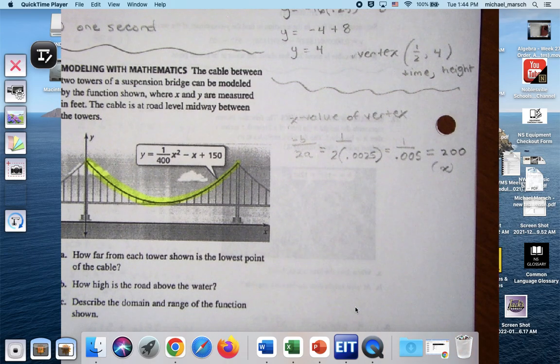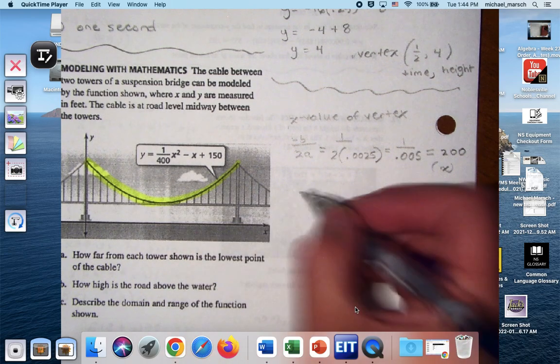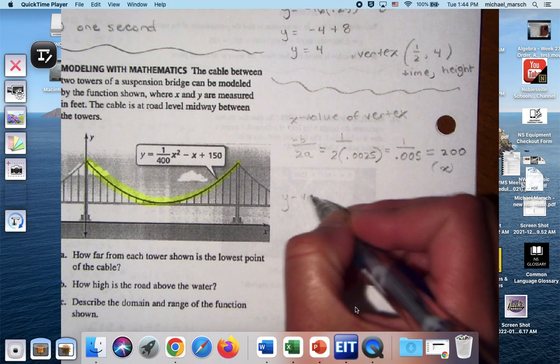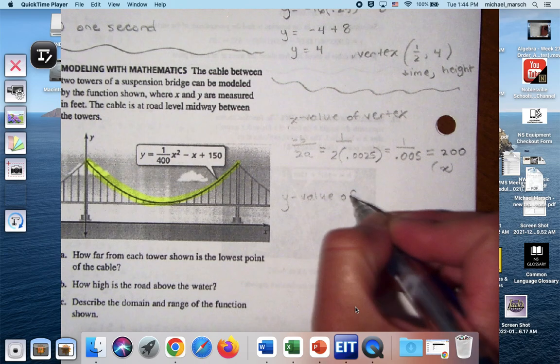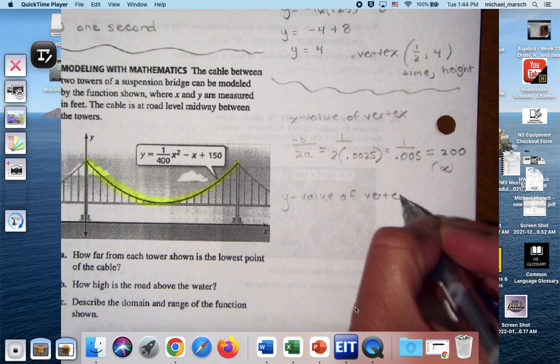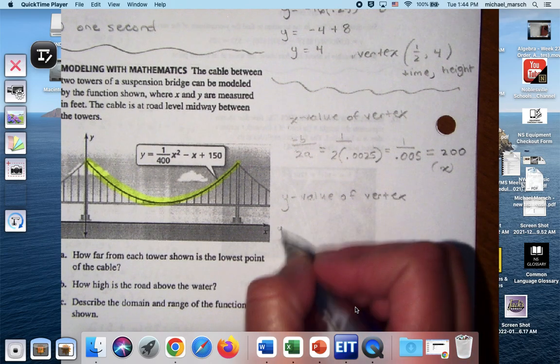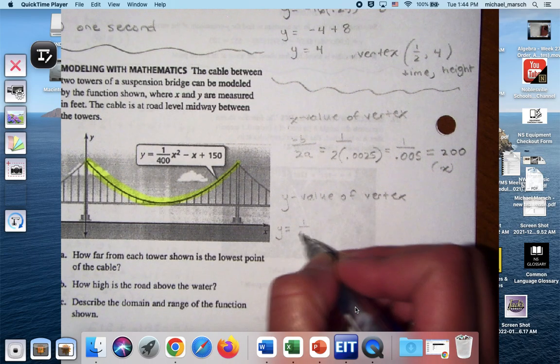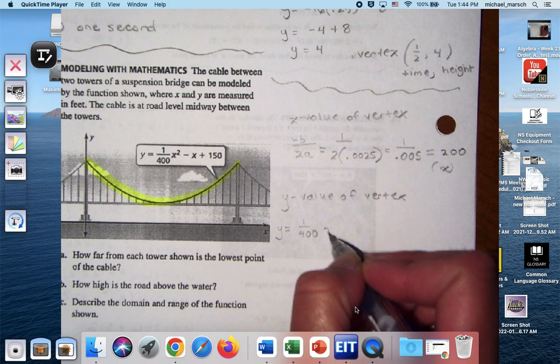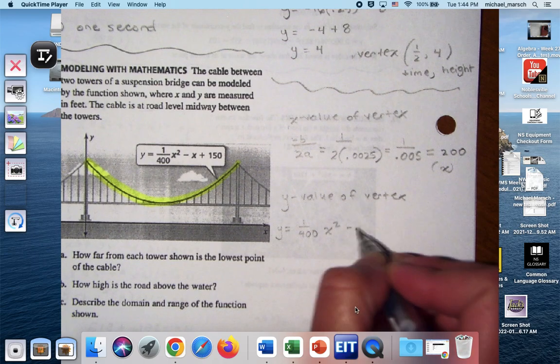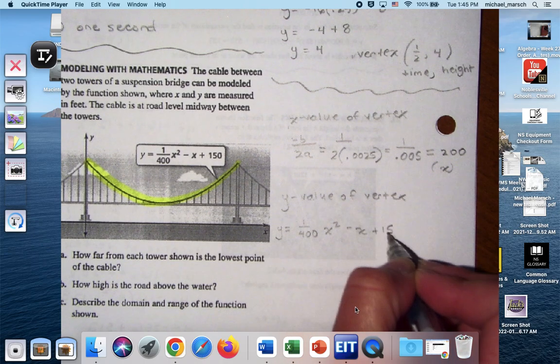How do I find the y value? You plug it in. Plug it back into the equation. So I'm going to have y equals 1 over 400 x squared minus x plus 150.